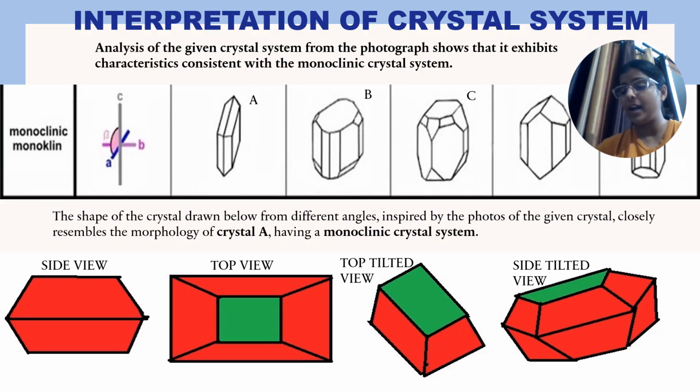The 2D diagram of the same has been drawn using Paint. The side tilted view, that is this view, actually shows that the top face and the bottom face have four sides, and from each side inclined planes are coming in an outward direction, reaching the middle, that is this, the middle intersection of the two planes.